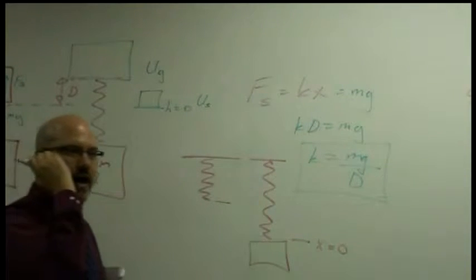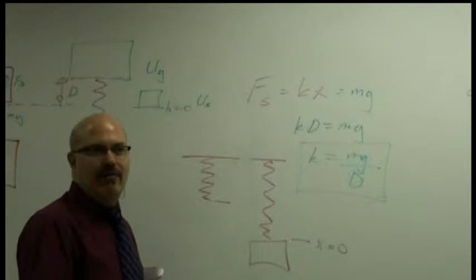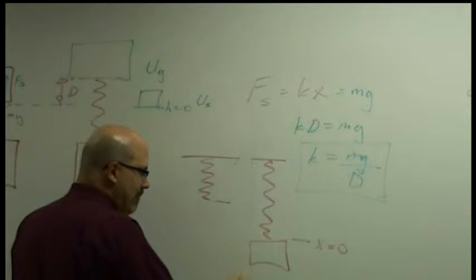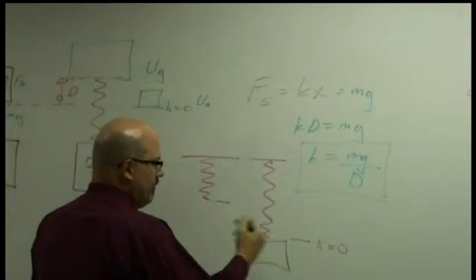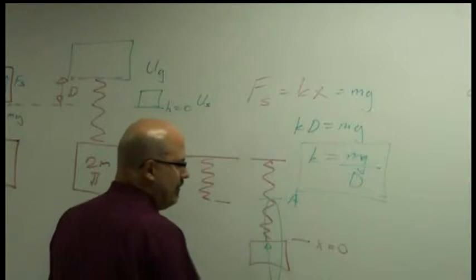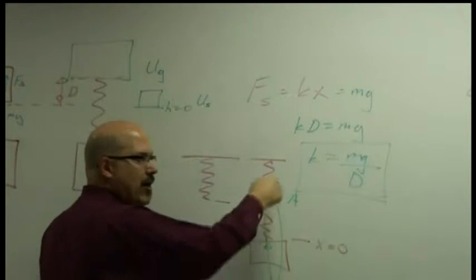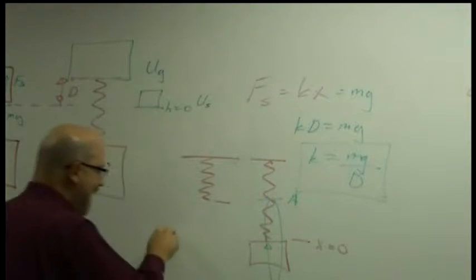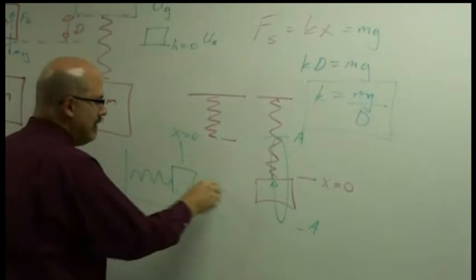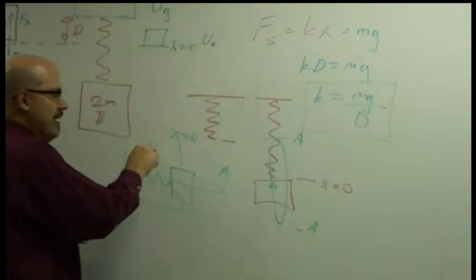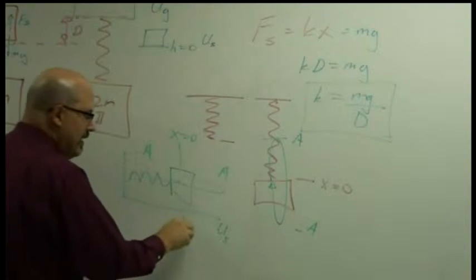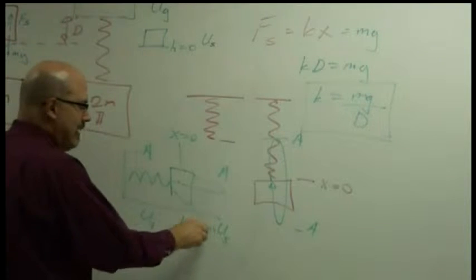And when you do that, you can neglect the gravitational component, and when it oscillates back and forth, it's going to oscillate between here and here, max amplitude and negative max amplitude. It's exactly just like this problem where x equals 0 here and it oscillates between A and negative A. All you have is spring potential and kinetic, oscillating back and forth between them.